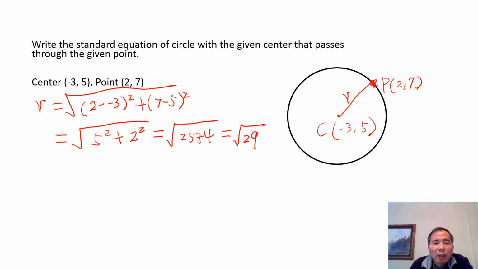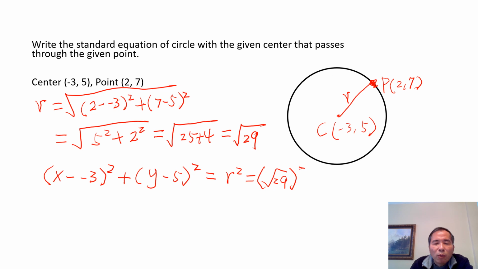Based on that, the standard equation of the circle is (x minus -3), that's the center x, squared, plus (y minus 5) squared, equals r squared. Remember r squared: our r squared here is the square root of 29, squared.